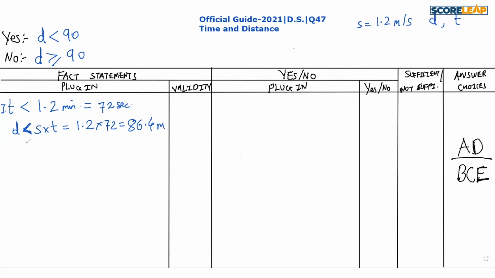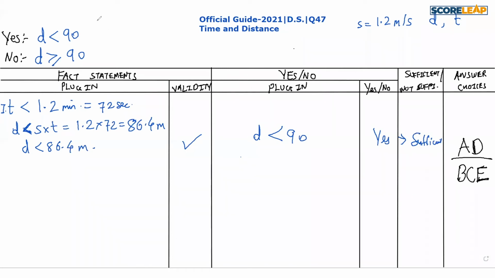So distance is always lesser than 86.4 meters. Validity check is done from the statement. Distance is equal to 86, which will be less than 86.4, so it will always be lesser than 90. So I will always get a yes over here. So statement 1 is sufficient to answer our problem.